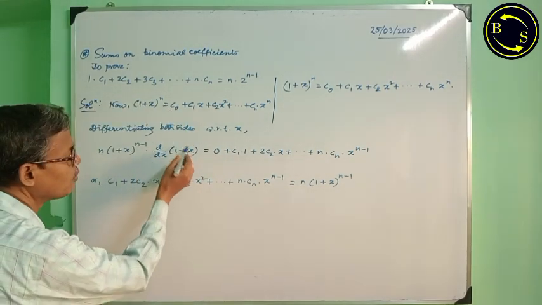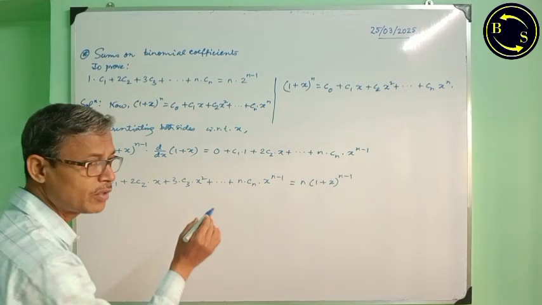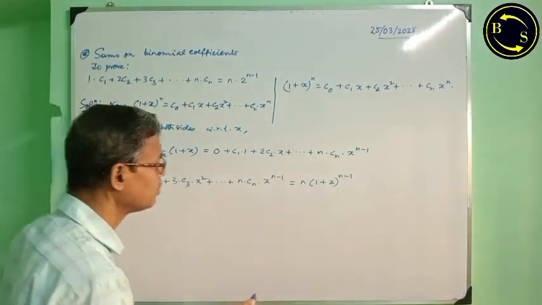Derivative of 1 plus x is d/dx of 1 plus d/dx of x. First part 0, second part 1.